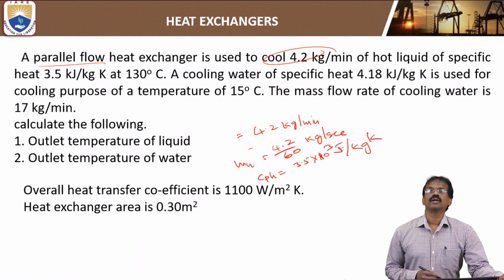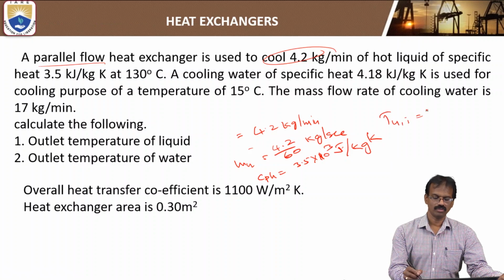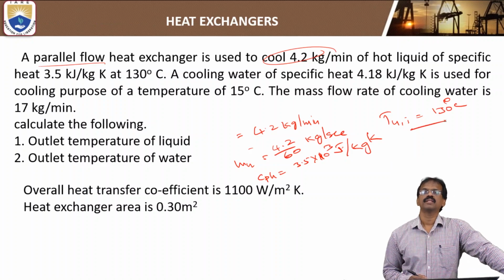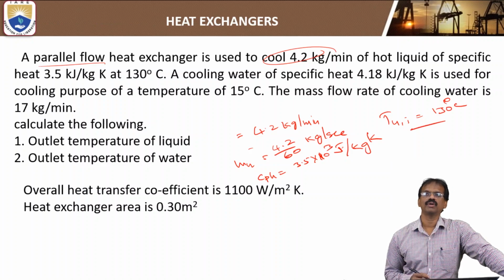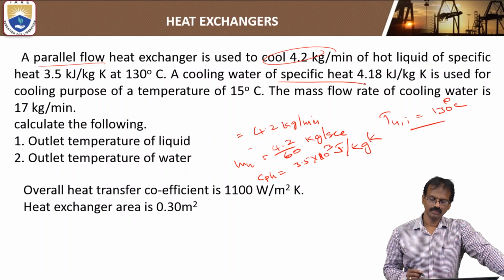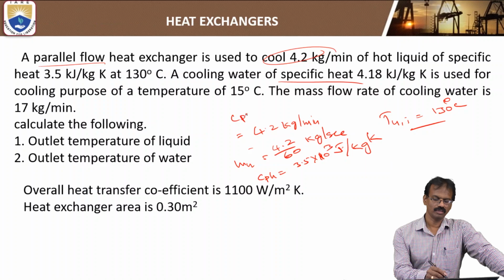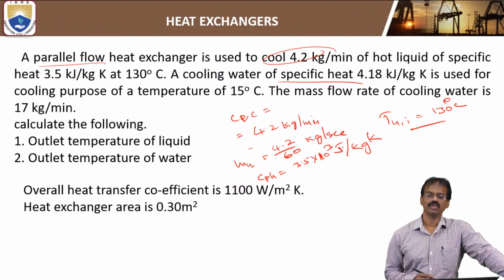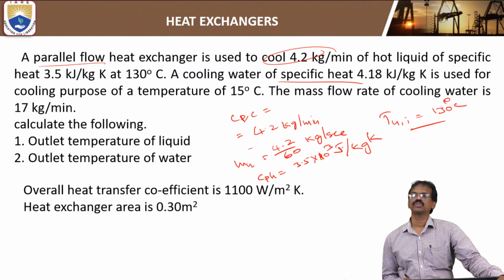So this hot fluid enters at a temperature, it means Thi is equal to 130 degrees Celsius. Okay. Next, the cooling water. The specific heat of the cooling water, CPC, you know that: 4180 joule per kg Kelvin, or 4.18 kilojoule per kg Kelvin.